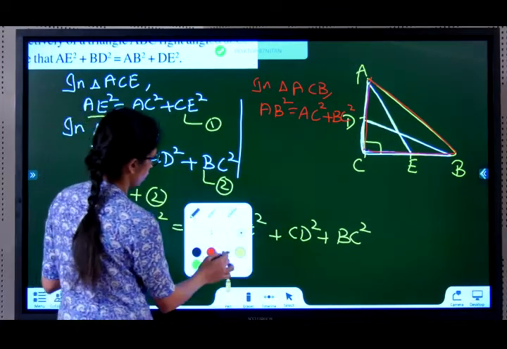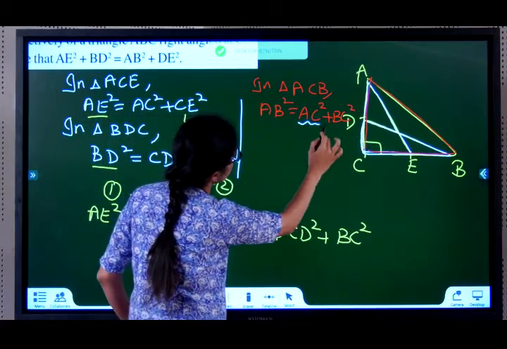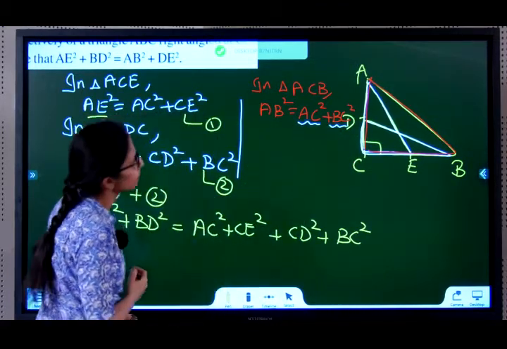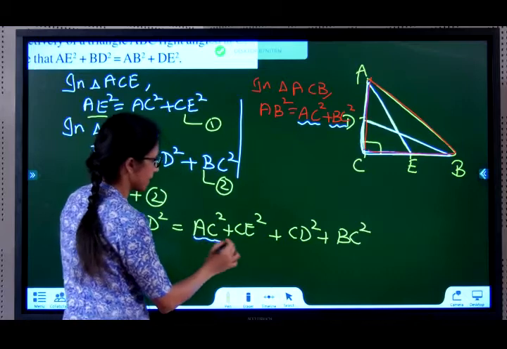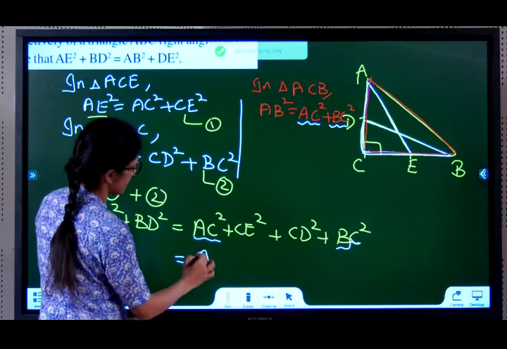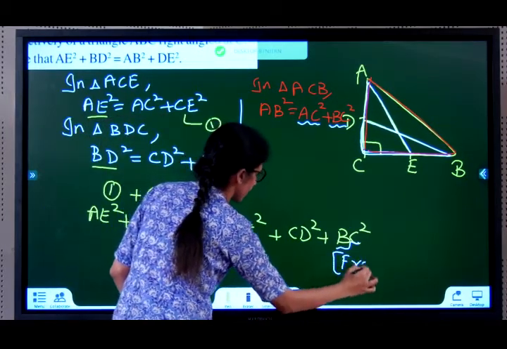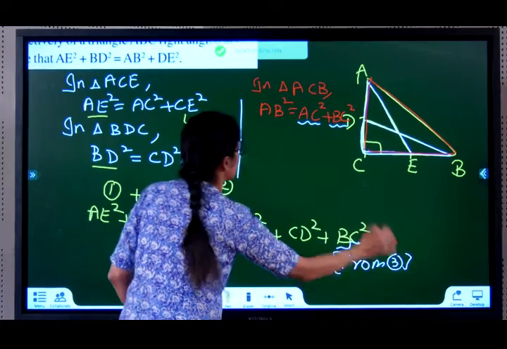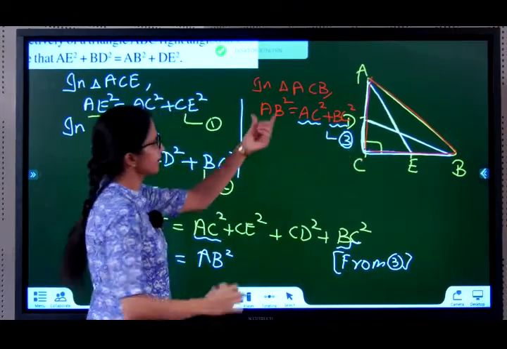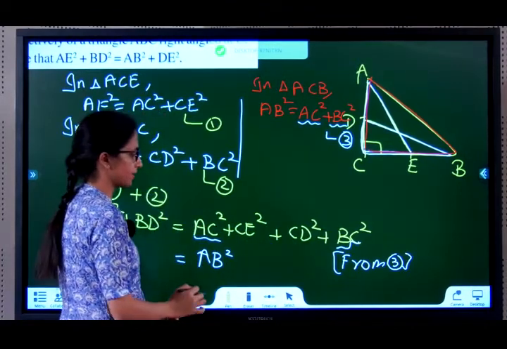Yes. So if you look at this equation here, AC square plus BC square is nothing but AB square. So how did I do this? From 3. So label this as 3, AB square is this. So I combined these two and I got AB square.